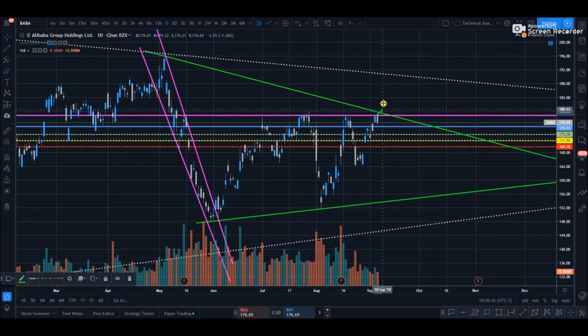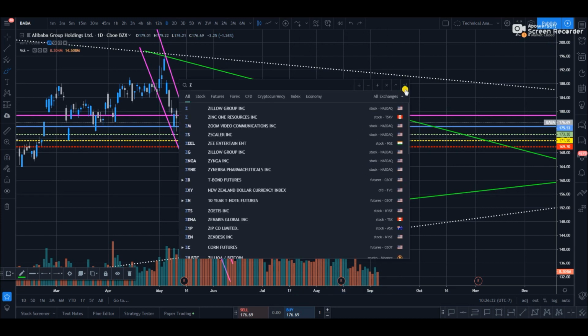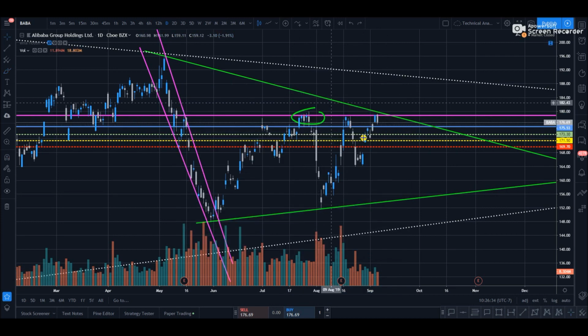So if we break above that, be careful breaking up to the upside and becoming bullish. But I think we need a couple more. For me, I believe we need a couple more touches on the bottom. Because we have like 6, 7 touches right here on the top, we need a couple more at the bottom, for me personally.